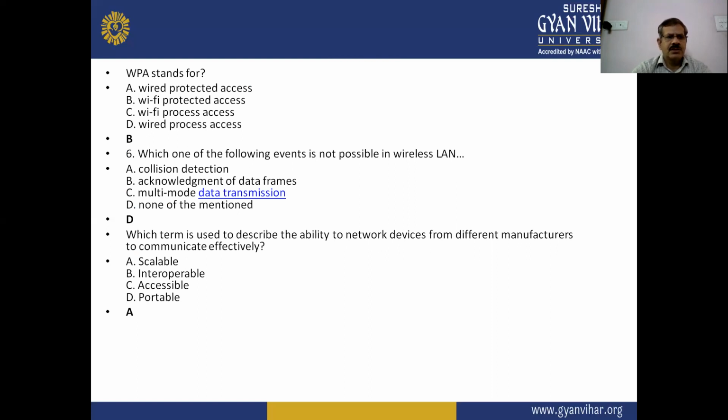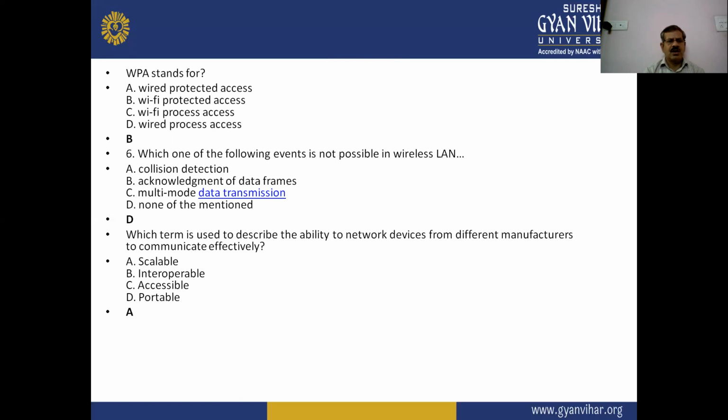In the next question, which one of the following events is not possible in a wireless LAN, local area network? Option A, collision detection; B, acknowledgement of data frames; C, multi-mode data transmission; D, none of the mentioned.